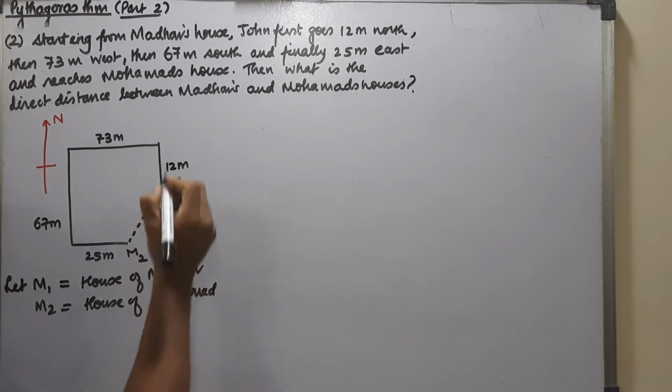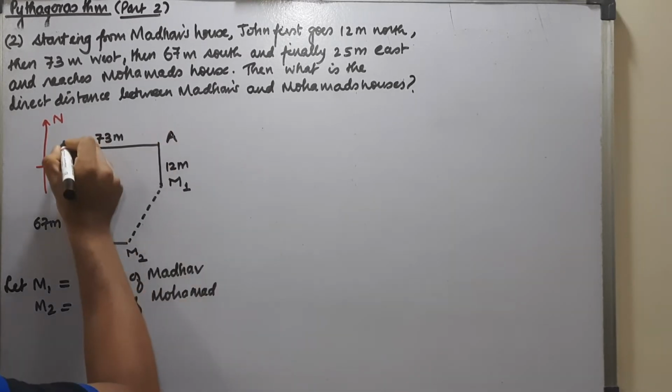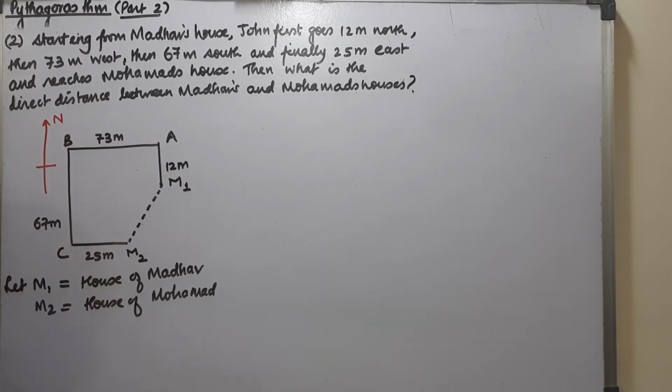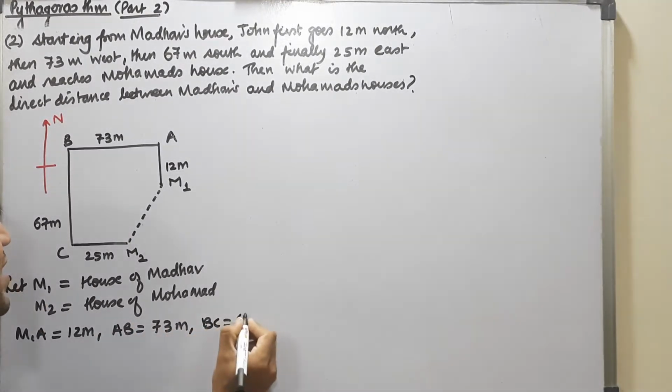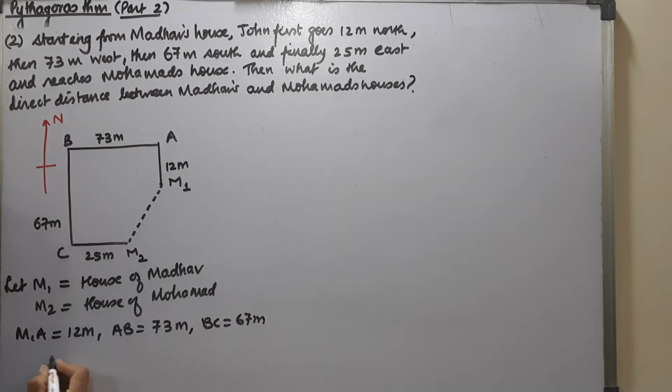Let the positions be A, B, C. It is not needed to mention what they are, but I will write the lengths. That is M1A is your 12 meter, then AB is your 73 meter, BC is your 67 meter, and CM2 is your 25 meter. Agreed?